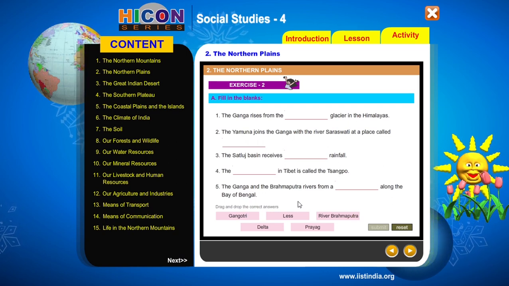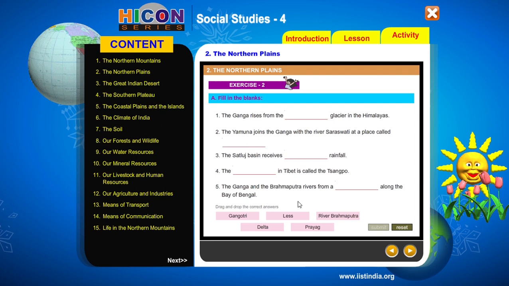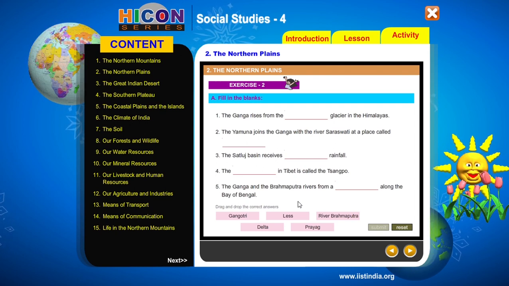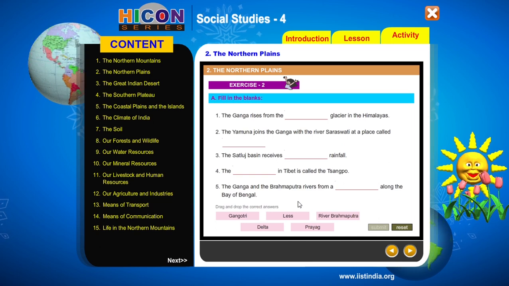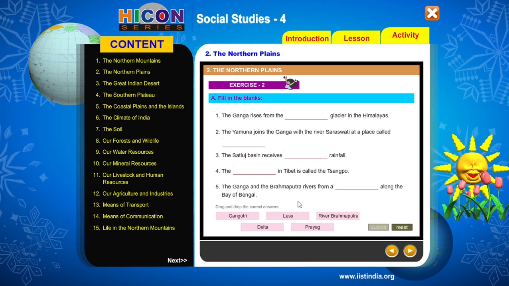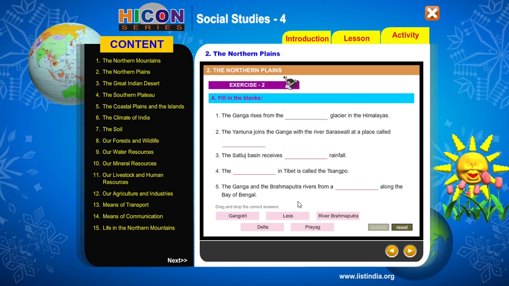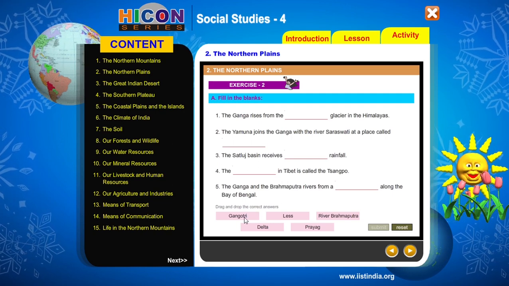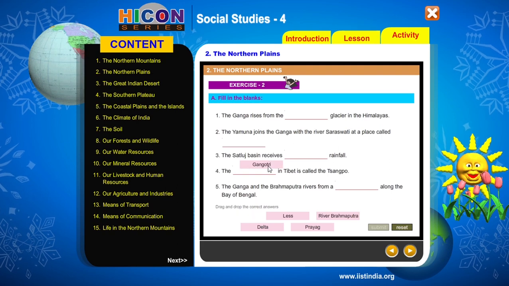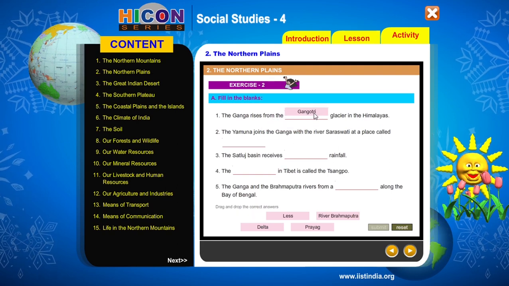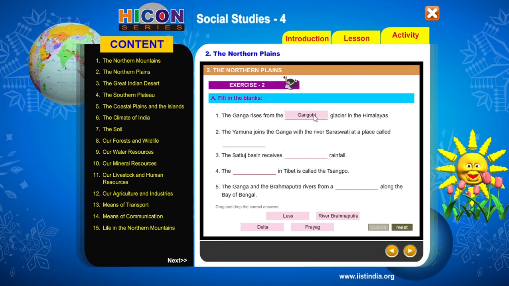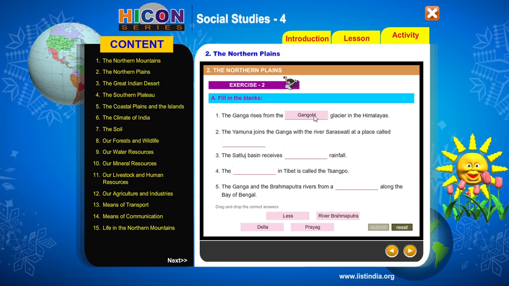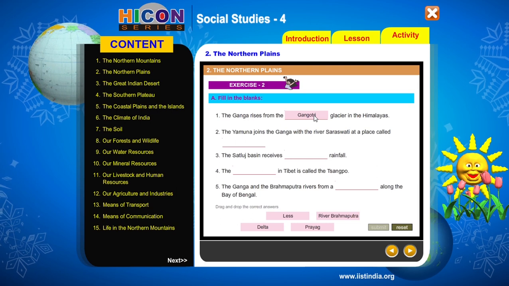And in the previous lesson, the northern mountains, we have also seen the rivers Ganga and Yamuna originate from glaciers, right? So what was the name of the glacier from which the river Ganga originates? Yes, that is Gangotri, okay? So Gangotri is the name of the glacier from where Ganga rises, right? So the Ganga rises from the Gangotri glacier in the Himalayas.